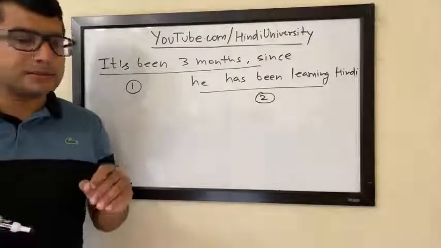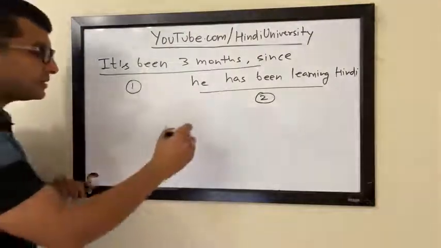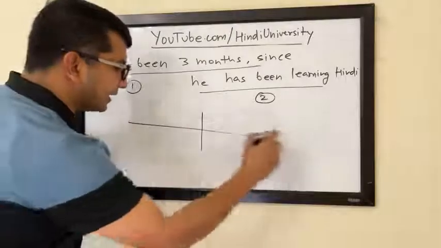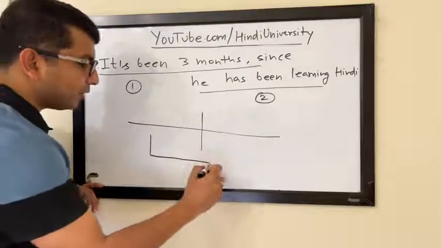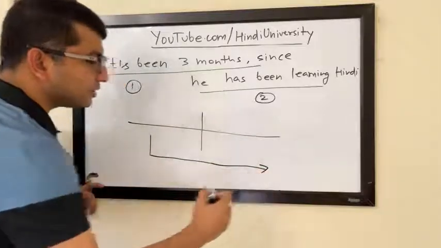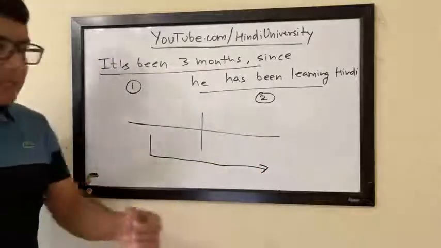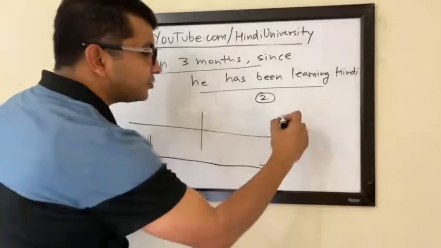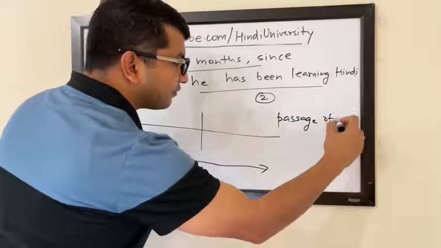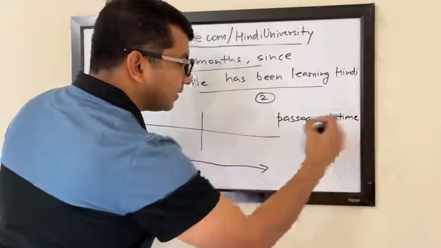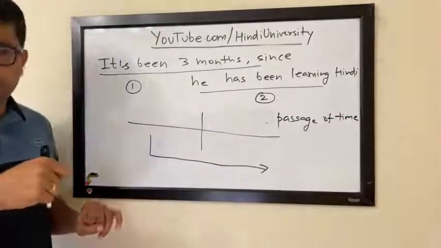Essentially, this sentence structure, if you notice it, it's showing that the person started this activity in the past, it is still going on, and will continue to go in the future. It's showing the continuity. The pattern shows a passage of time rather than current time. Okay?